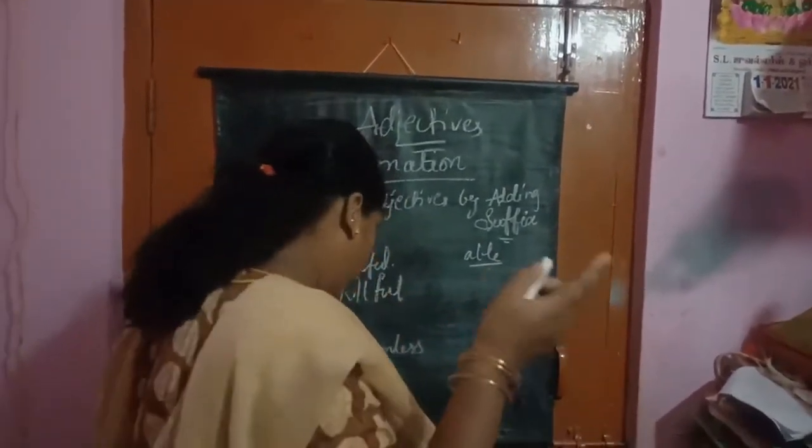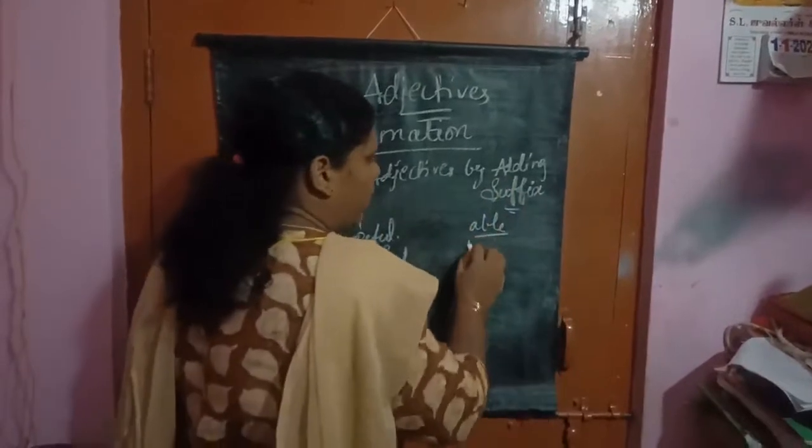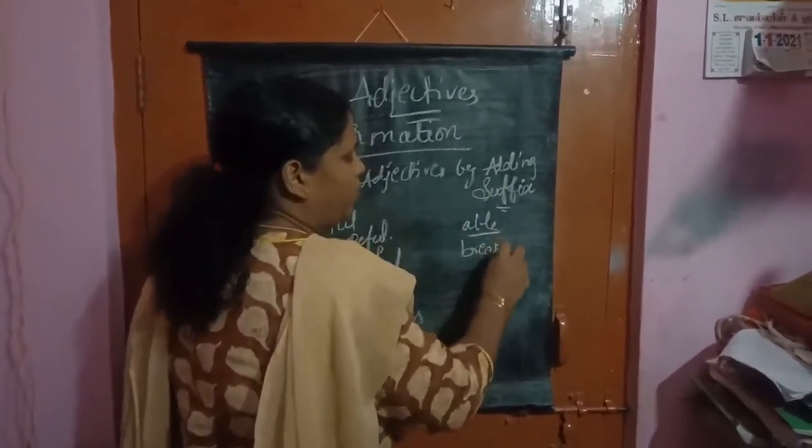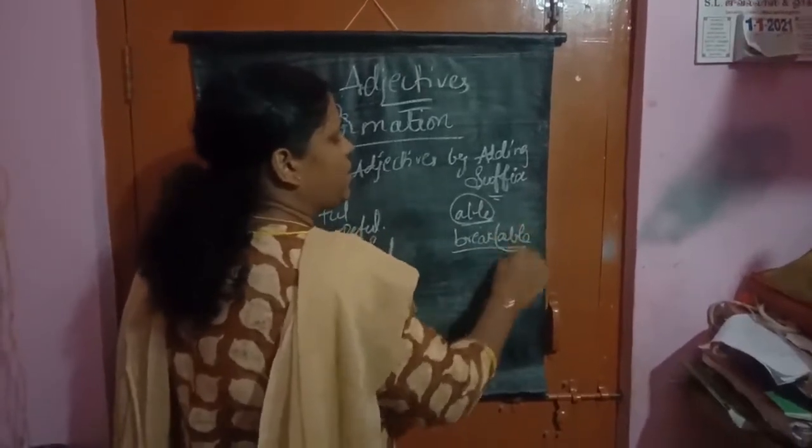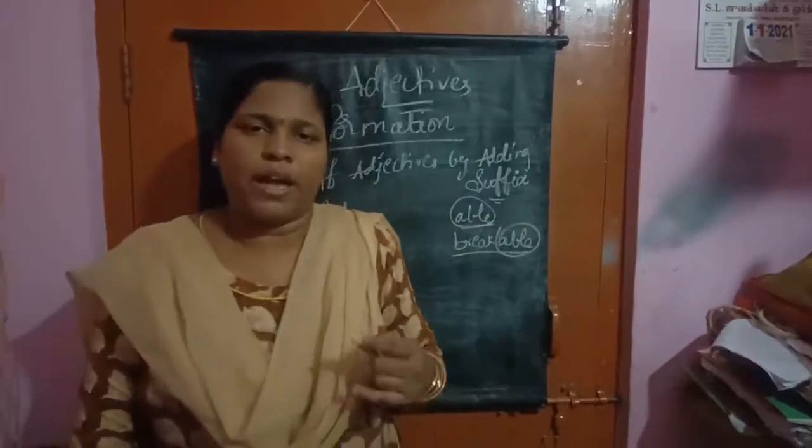At the end of the word. What does it become? Breakable. Break is the base word. I am adding able there, then it becomes breakable. This is called a suffix. Suffix and prefix you already know. I have explained it. Suffix is a word which is added to another word at the end of that word.